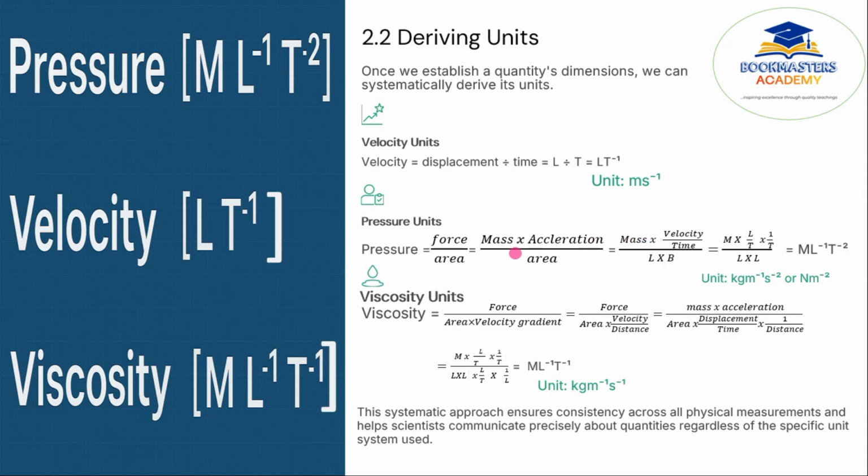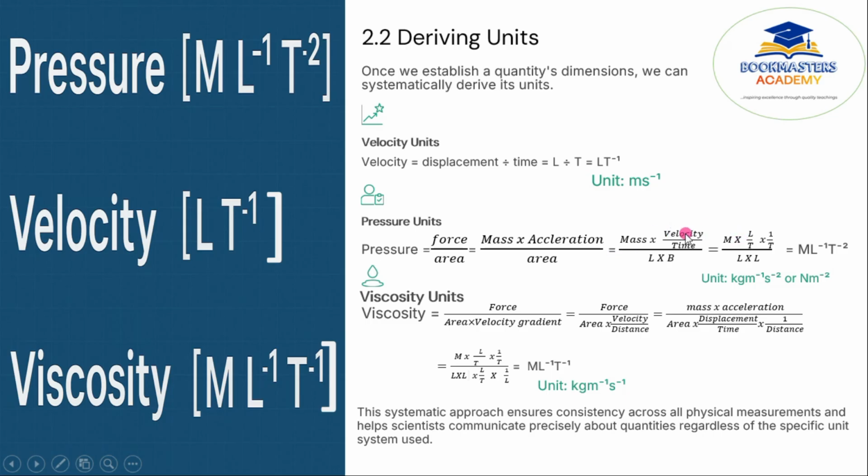So you have your mass, but acceleration is velocity over time, that is velocity divided by time. If you want to convert this to dimension, length is L, breadth is length, because we don't have breadth in dimension, what we have is length.